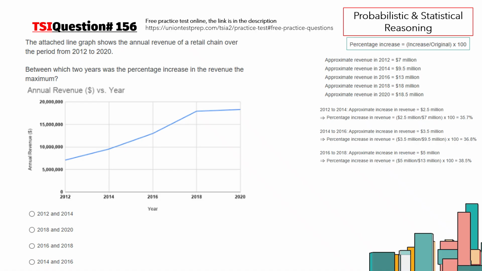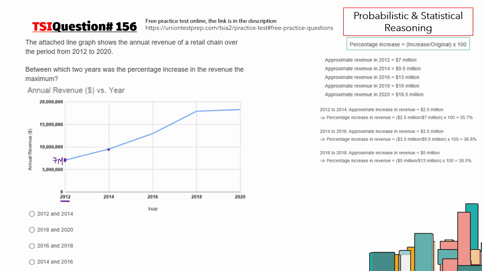Approximate revenue in 2012 is about 7 million. So we see 2012 is right here. It's about 7 million. 2014 is right here.